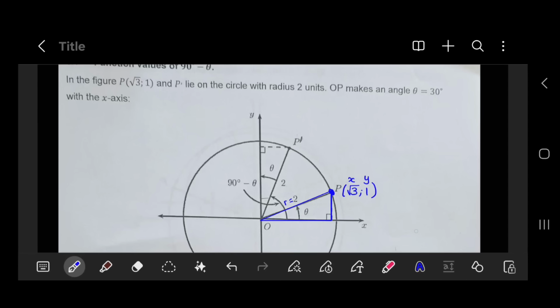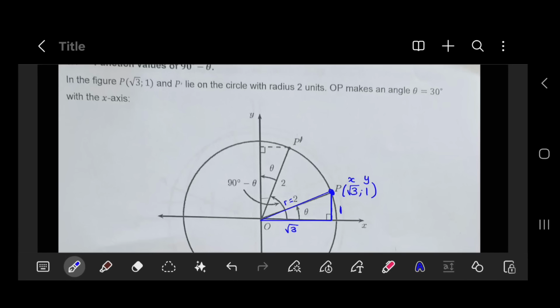Now, what exactly does that tell us? The x coordinate represents the horizontal distance on the triangle. So this horizontal distance is going to be square root 3, and the y coordinate represents the vertical distance on the triangle.